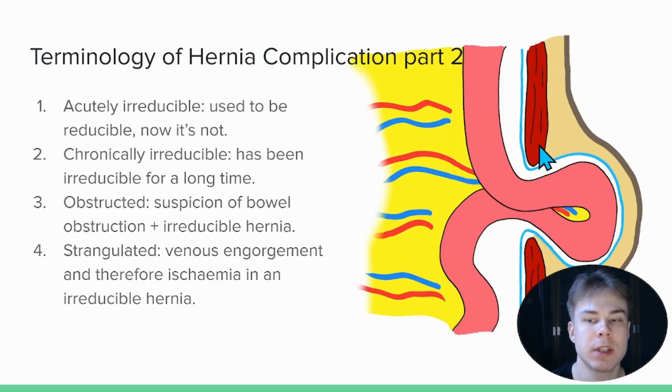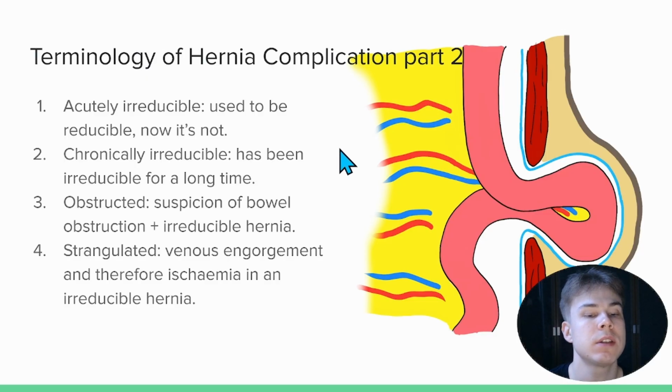So the radiological definition would be a patient with small bowel obstruction or large bowel obstruction, with the transition point at the site of the hernia. But the clinical definition is a patient in whom you suspect bowel obstruction, who also has an irreducible hernia, and then you'd seek imaging to confirm or refute that, or take the patient to theatre, depending on the situation.